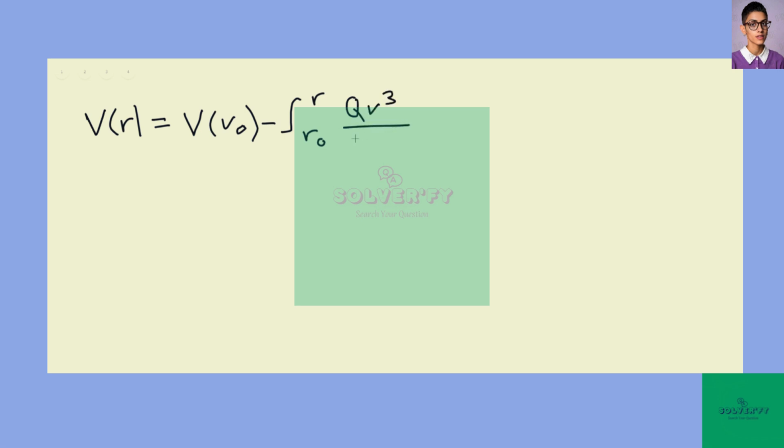All right. At this point, we can plug in our electric field for the integrand: q r cubed over 4 pi epsilon naught r naught to the 5th dr. This is a line integral going directly radially inward. We can pull out all the constants.